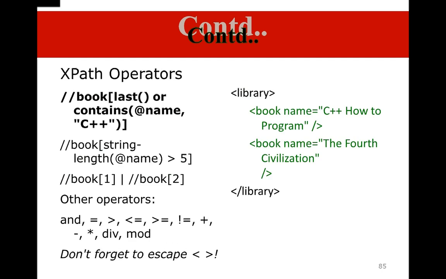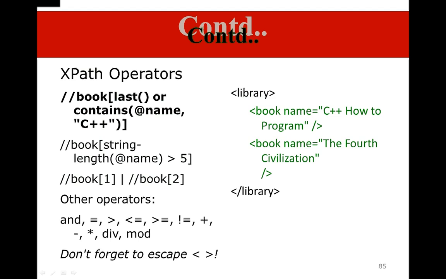And apart from that, we do have some XPath operators. //book[last() or contains(@name, 'C++')]. So if you say this, we are looking for a book. last() is going to highlight the last book, or contains(@name, 'C++'). The last book is highlighted, or a book whose attribute value contains C++.